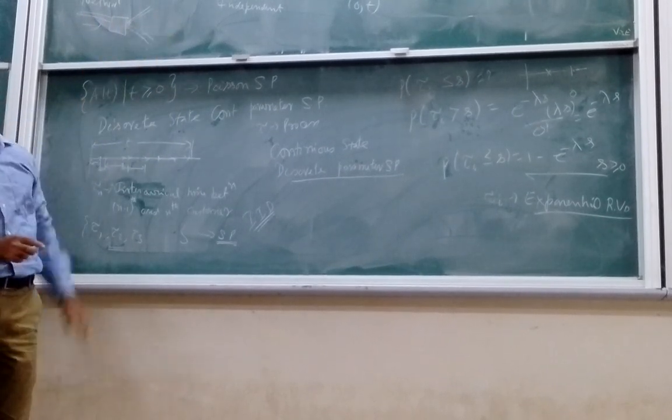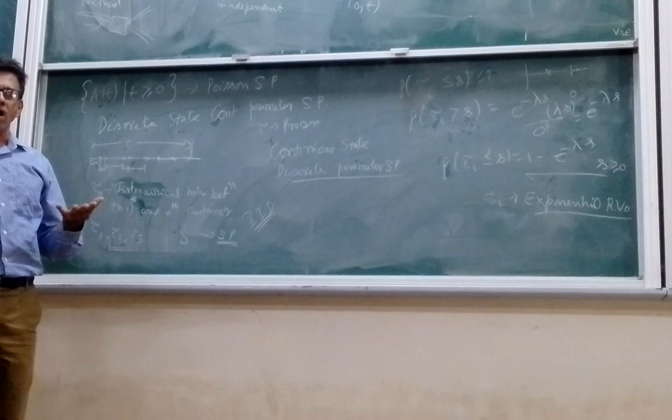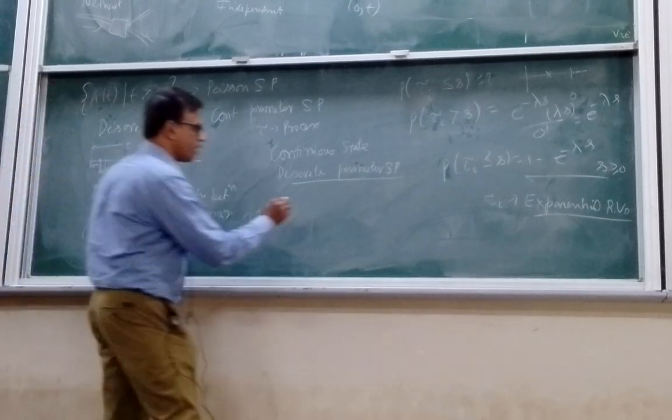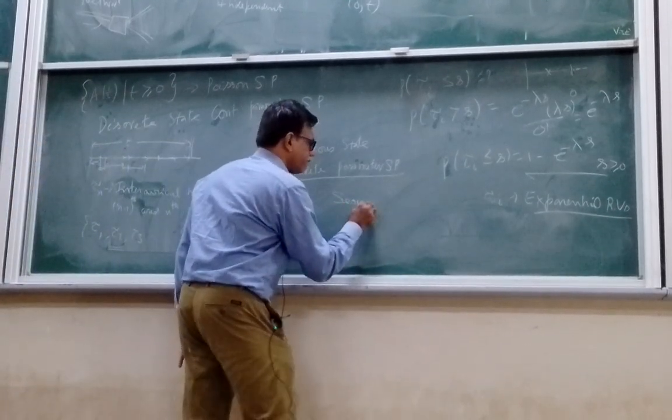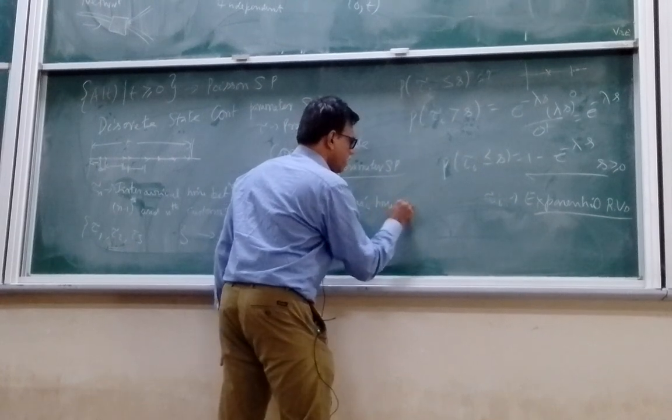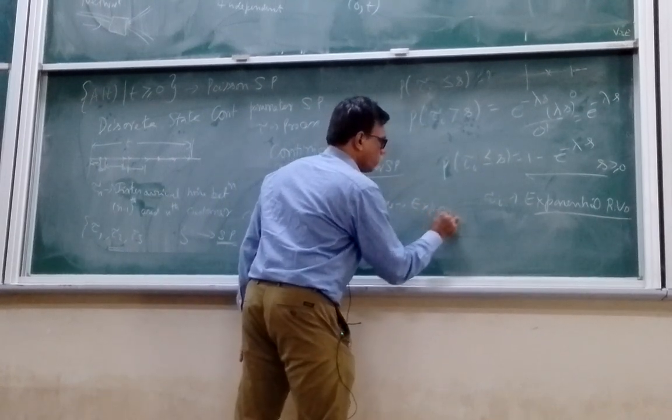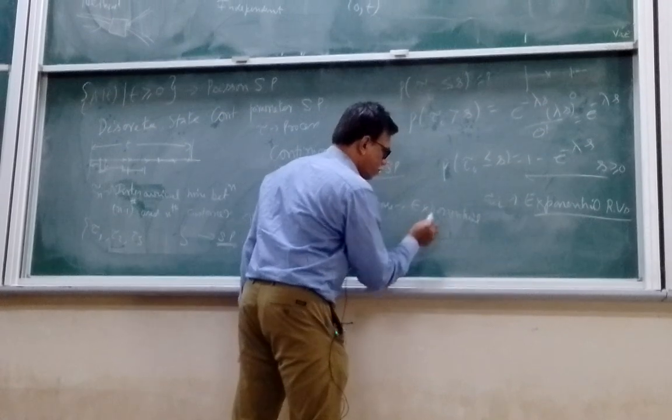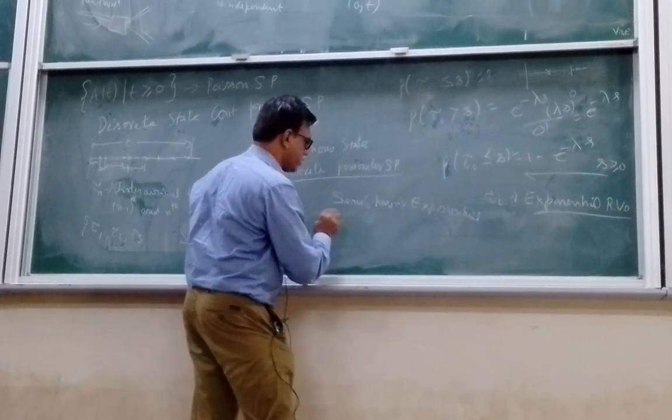Now we have to model the server. We can generally take the service time to be exponential. Exponential in the sense that it is also an exponential random variable.